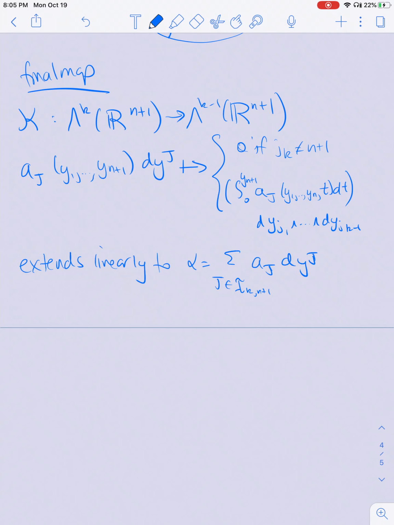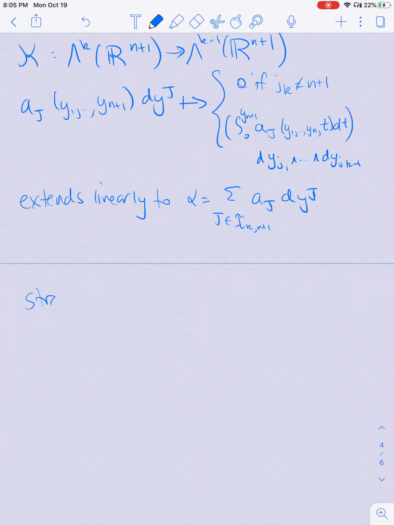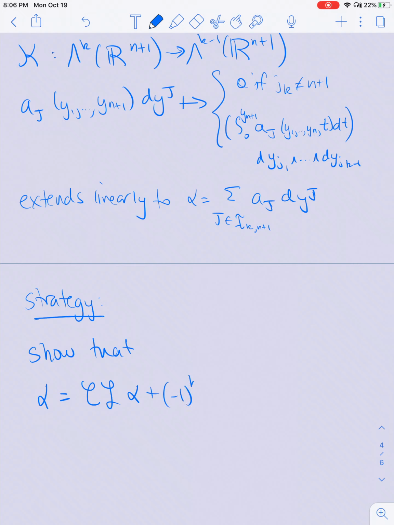So the strategy of our proof is going to be to show that alpha is actually equal to CL alpha plus (-1)^(k-1) d K alpha plus K d alpha.